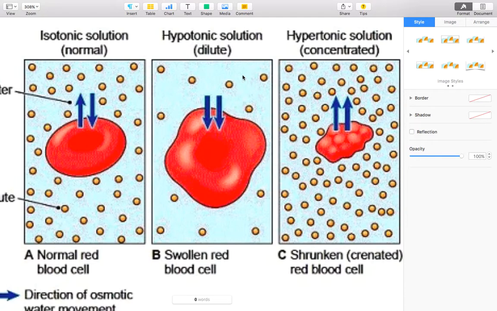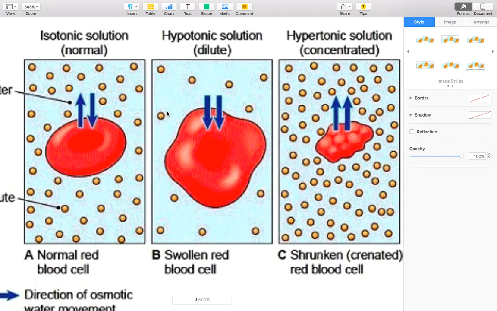These little particles are mostly inside of the cell and fewer are outside. So in a hypotonic solution, the total molar concentration of all dissolved solute particles is less than that of another solution, so less than that of the cell.